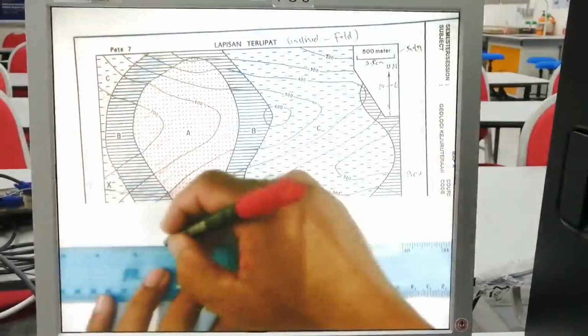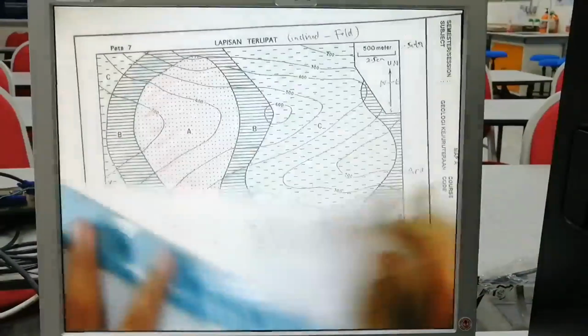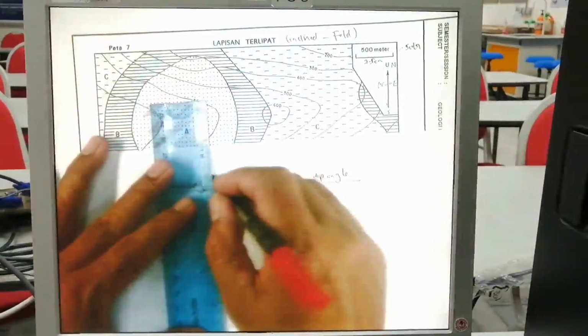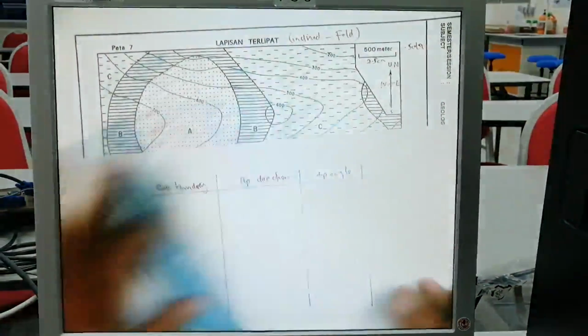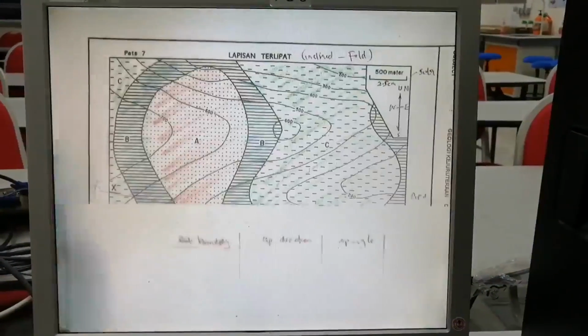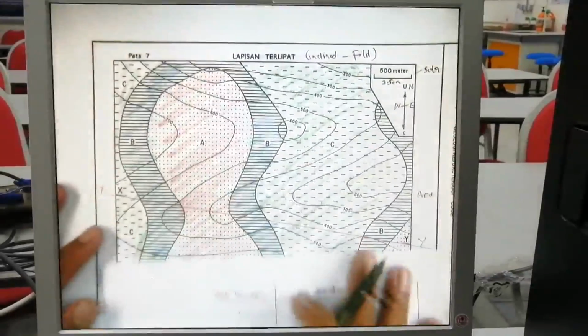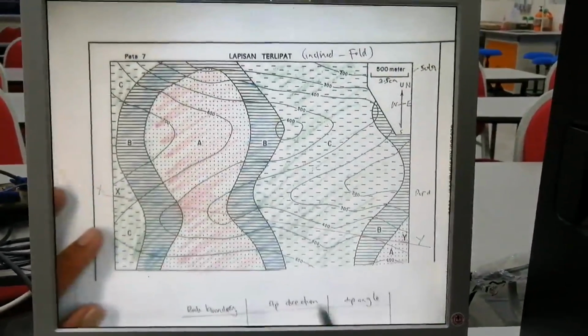So we make this table form. First rock boundary, investigate the dip direction and dip angle.